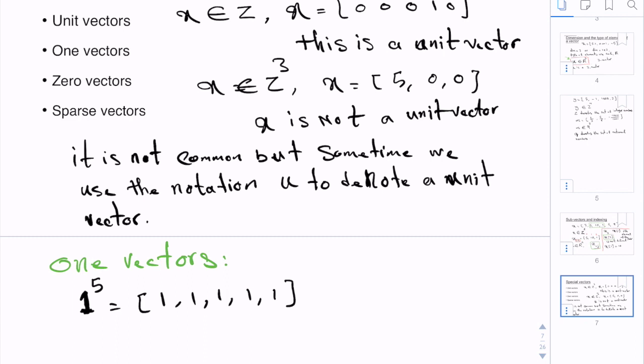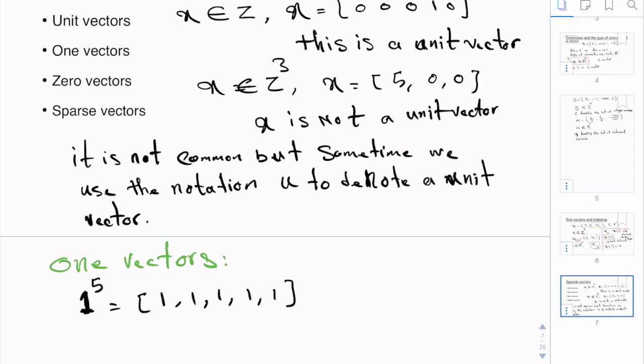In particular, when you want to compute the sum of elements of a vector, or when you want to compute the average of a vector, we use a product of one with the other vector. So that's an extremely useful vector and it has lots of applications. So a one vector is a vector that all of its elements are 1.